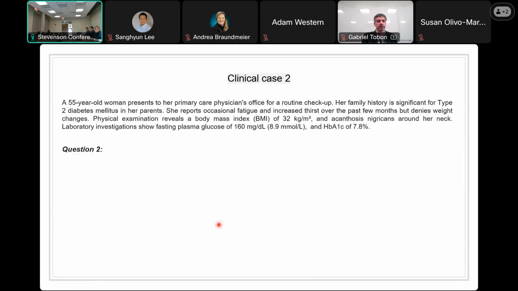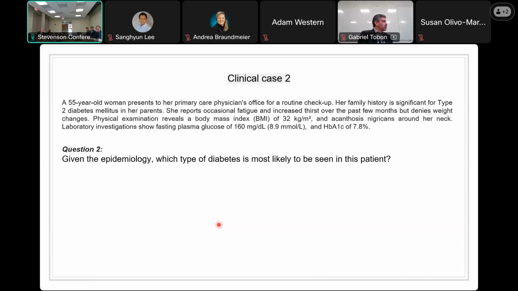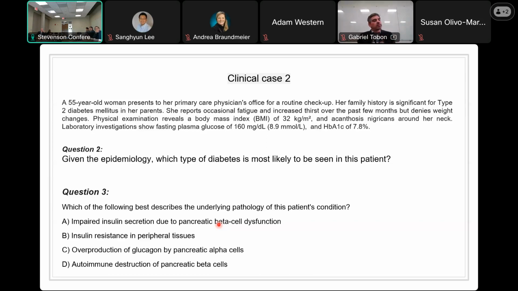By using the same clinical case, we can make a different question. Given the epidemiology, which type of diabetes is most likely to be seen in this patient? And we already covered type 1 and type 2 diabetes. So they are able to answer that this patient probably has type 2 diabetes. Then we can ask about the pathological aspects. What is the main finding or the underlying pathology?